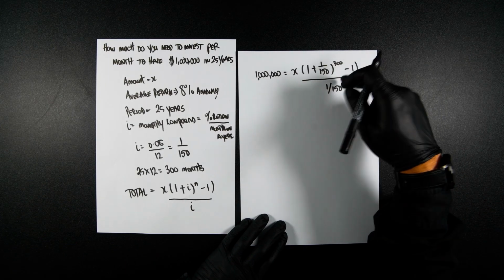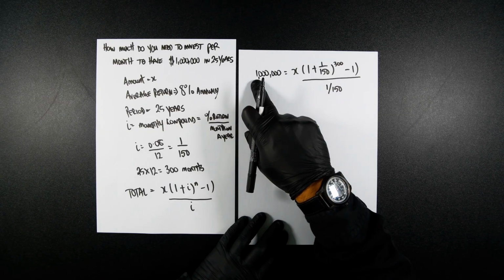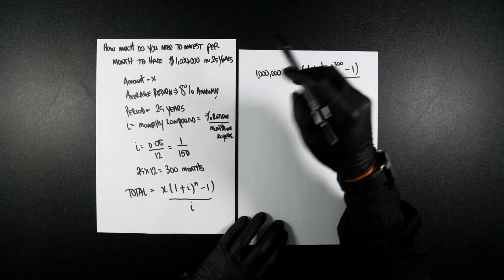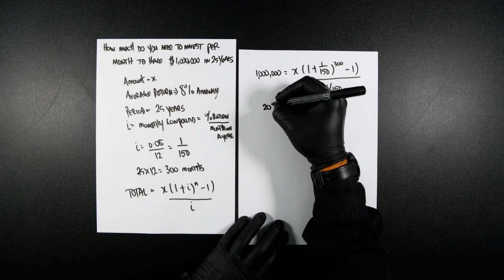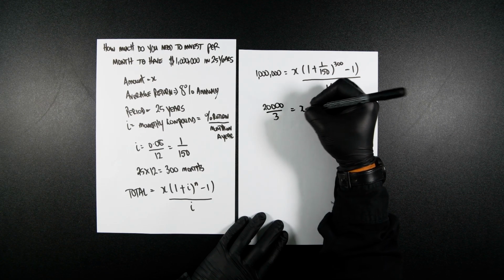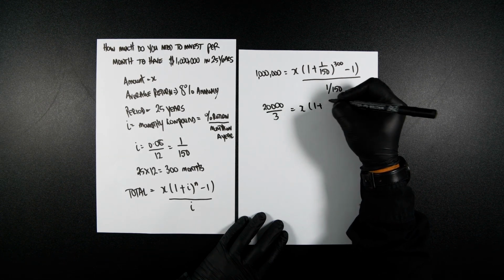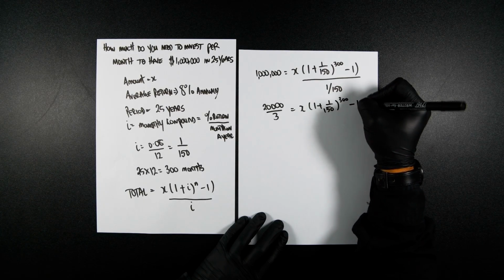So I think the first thing I want to do is get rid of this fraction over here. So I'm going to move it over to this hand side. To do that, you multiply everything on the left hand side to the right hand side. So that's then going to become 20,000 over 3 equals X times (1 plus 1 over 150 to the power of 300 minus 1).